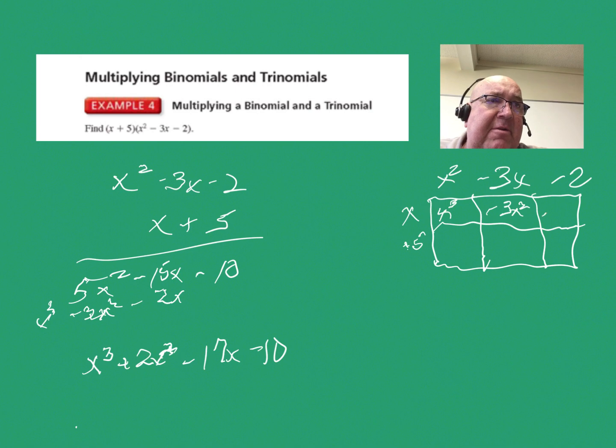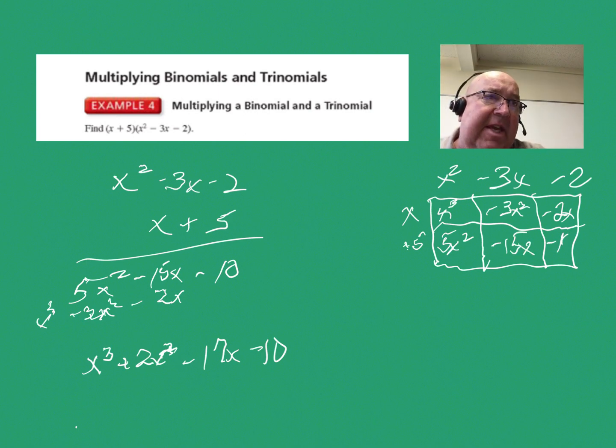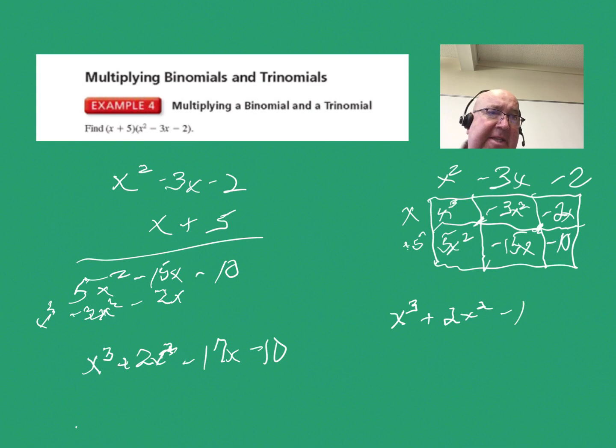X times negative 2 is minus 2x. 5 times x squared is 5x squared. 5 times negative 3x is going to be minus 15x. And 5 times negative 2 is negative 10. Now, again, my two diagonals have like terms. I rewrite x cubed plus 2x squared minus 17x minus 10.